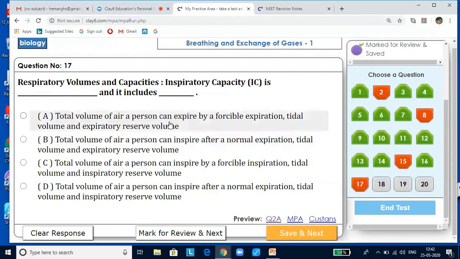Total volume a person can inspire after a normal expiration. It includes tidal volume and inspiratory reserve volume. So D is the answer.